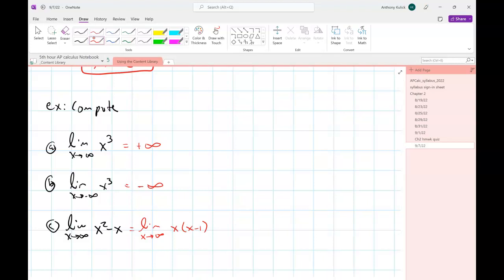Why is that helpful to me? Because I know the limit of a product is the product of its limits. So I have infinity times infinity, which is perfectly fine to just call infinity.